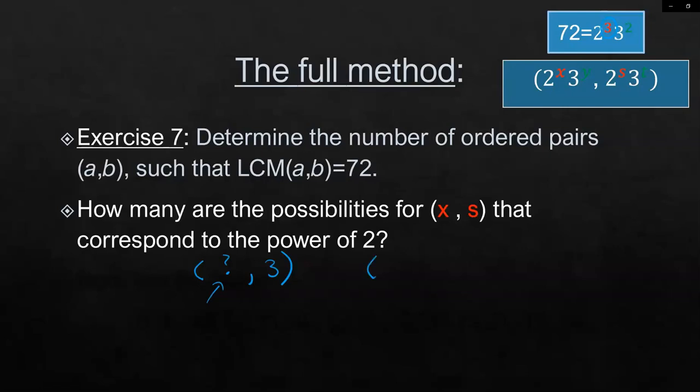So 0, 3 could be a possibility. What other possibilities could I have? 2, 3. Yes, 2, 3 could be a possibility, of course. And 1, 3. Yes, because I'm looking for all the pairs that have a smaller entry here than 3, and they are at least 0.